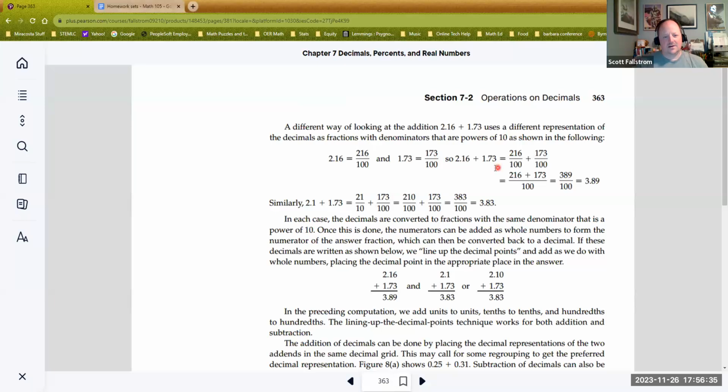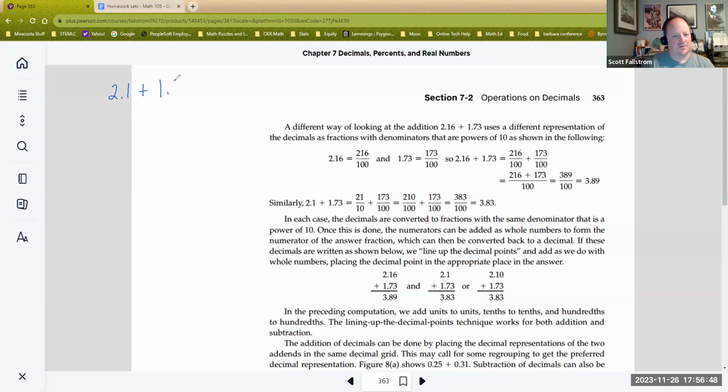Okay. So if you had two different looking decimal numbers, I'm going to show you the common mistakes. If I had this number, 2.1, and I'm going to add 1.73. If I was doing that, the most common mistake that students make is they treat this like whole numbers. So they would write 1.73 plus 2.1, and then they would add them together straight down, 4, 9, and 1.